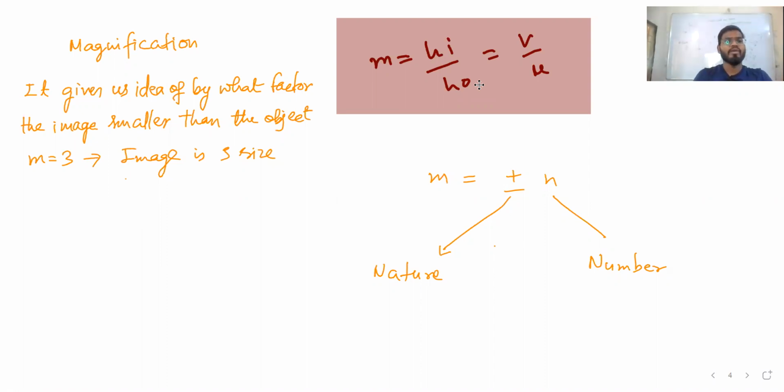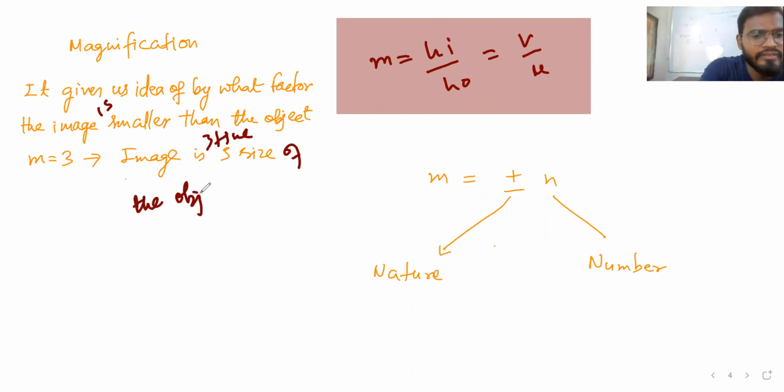It gives us the idea by what factor the image is smaller or bigger than the object. So if magnification is 3, it means the image is 3 times the size of the object. That is what magnification means.